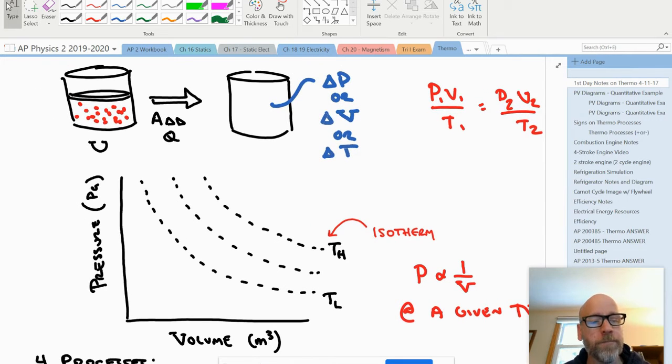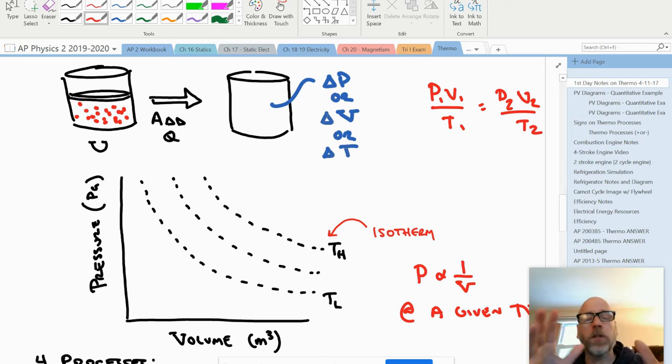Now, the lower the temperature is, the lower the isotherm curve would be. So I just drew in 3 different sample isotherms: one that is low temperature, one that's medium temperature, and one that's high temperature. Hence the TL and the TH.